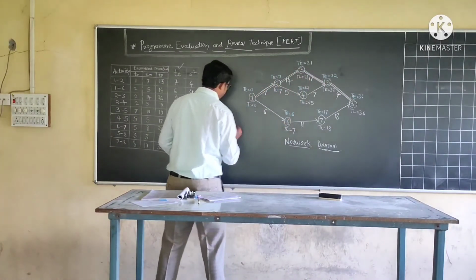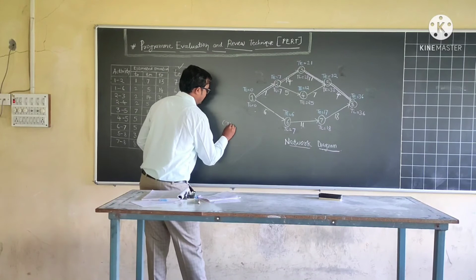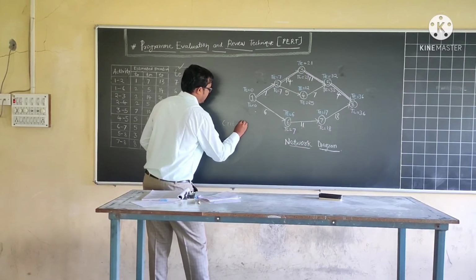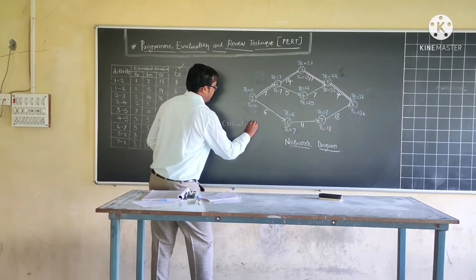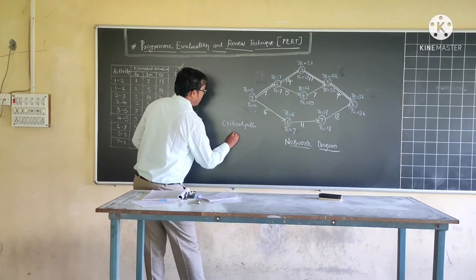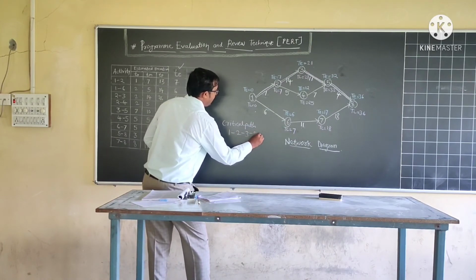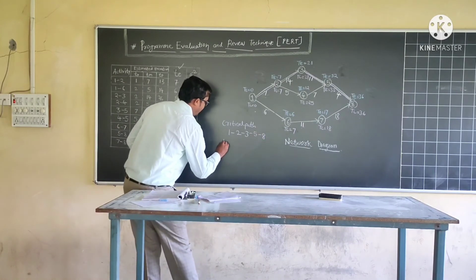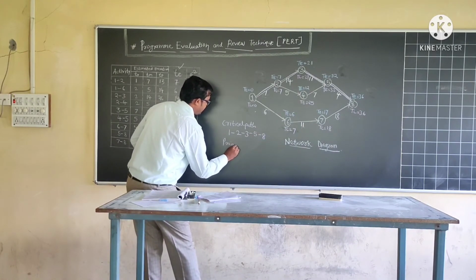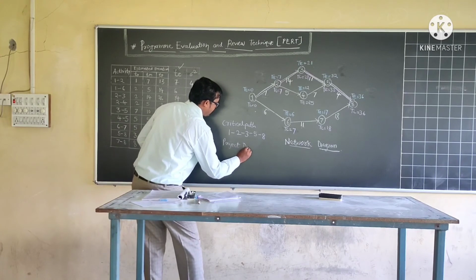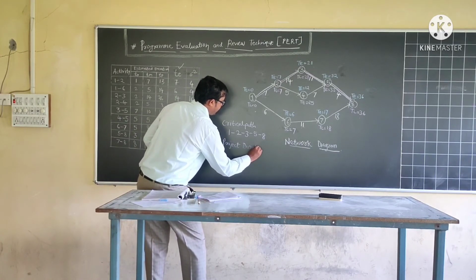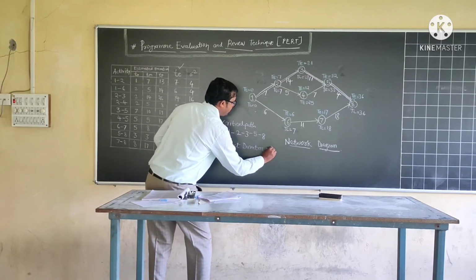Okay, so the critical path is 1 to 2, 2 to 3, 3 to 5, and 5 to 8. And the project duration is equal to 36.